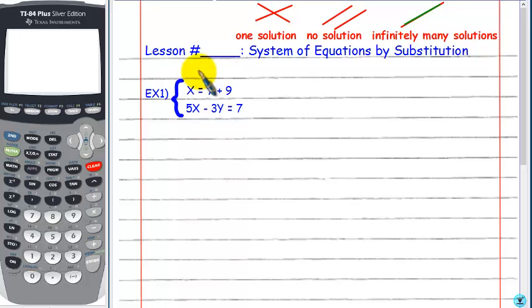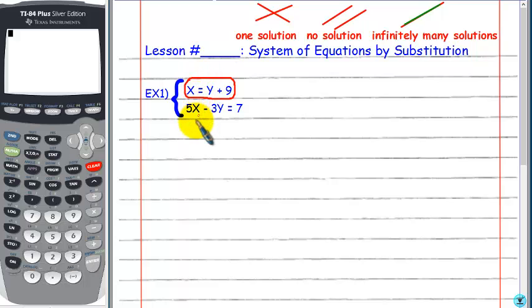It doesn't matter if it's x or y. In this case I have the x alone, so I'm going to put a circle around it because I'm going to select this equation, and then I'm going to want to come back to this equation at the end. I selected this equation because I have one of the letters alone.